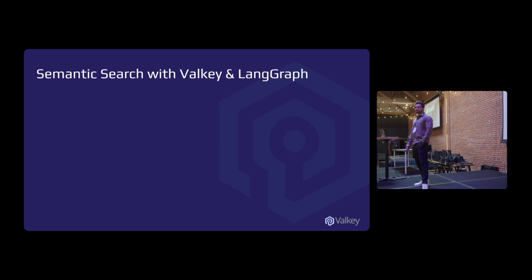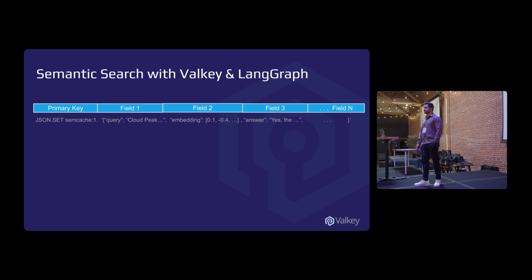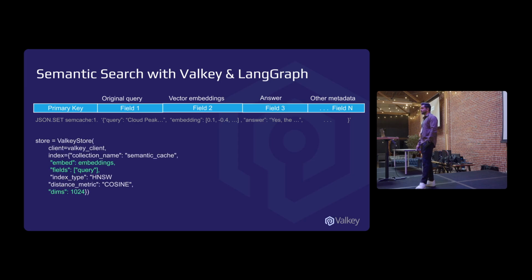and LangGraph. Cloudpeak would simply store the user query along with the vector embeddings and the answer that must be returned, along with other metadata like product IDs or any ongoing sales and promotions. LangGraph provides a simplified method for you to define a semantic cache. You can simply define a Valkey store with the embedding model that you want to use and the fields that you want to vectorize.